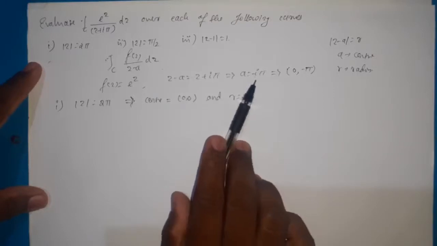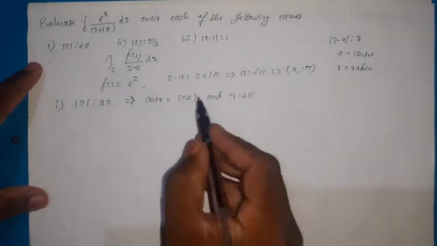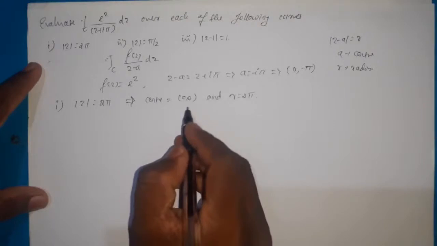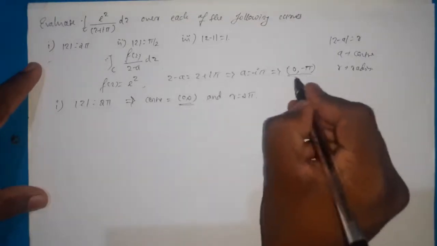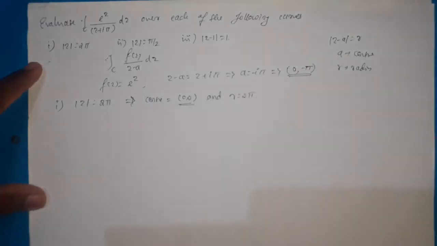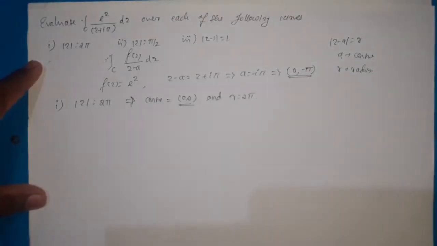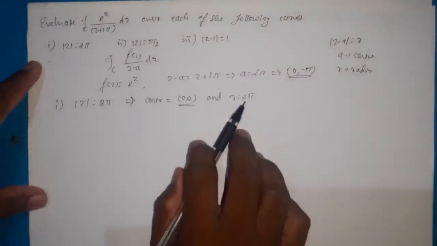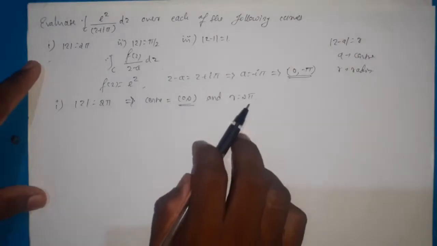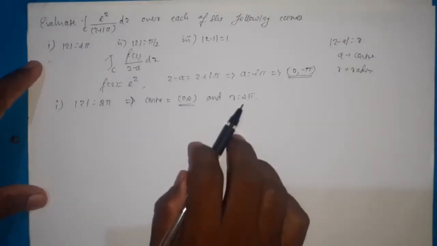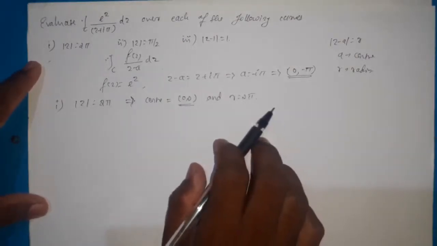Otherwise that is equal to 0. So now we need to find the distance between the center of the given curve and the point A by using the distance formula. If that distance is less than the radius, then the point lies inside the circle. If it is greater than 2 pi, then it lies outside the circle. So let us compare.